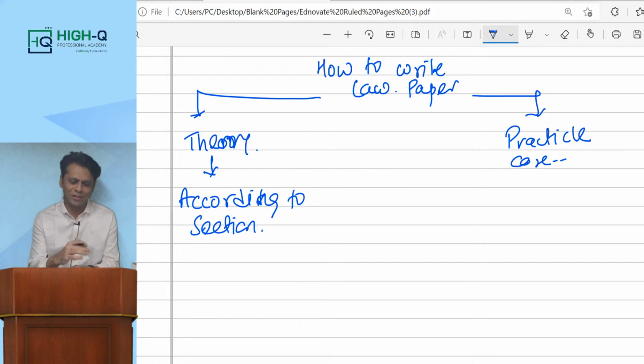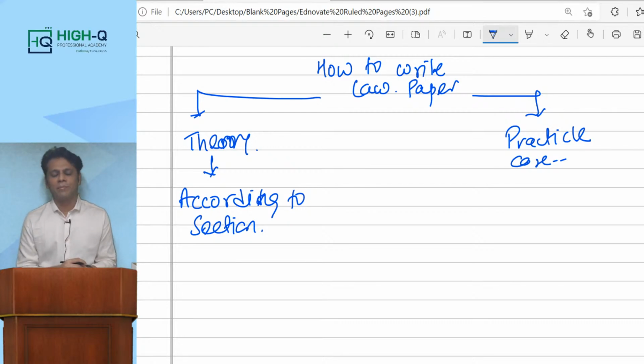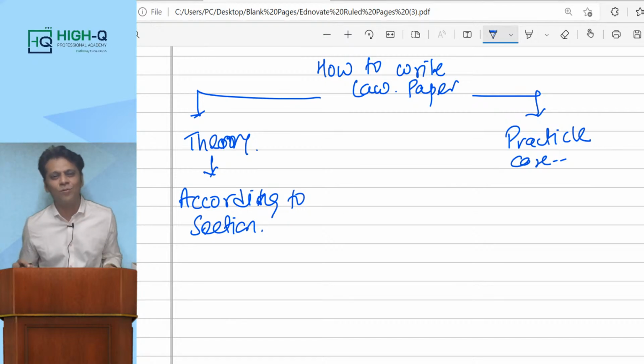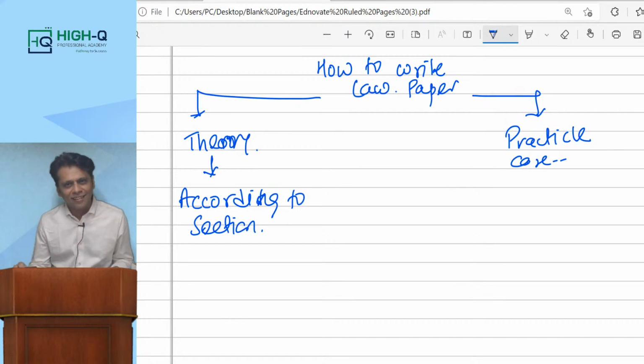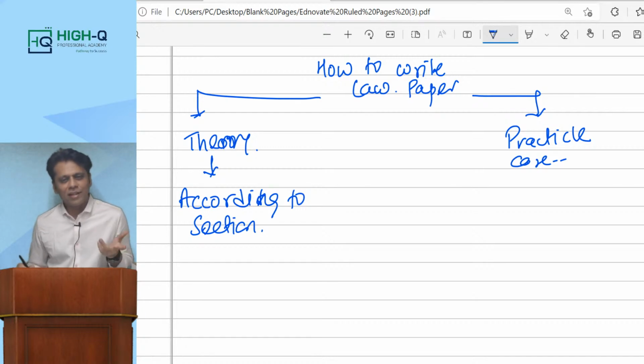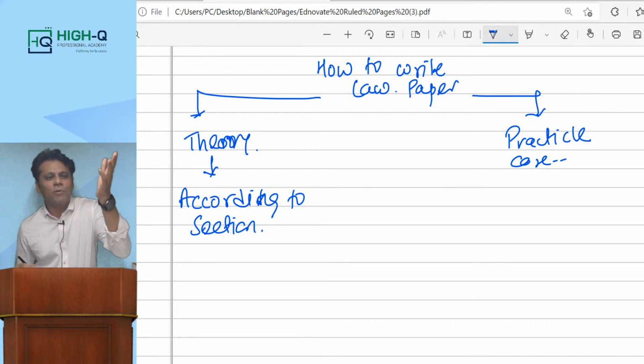Now your question would be, sir, the section number? Yes. You have to remember the section number. Now consider the section as what? An address. We can remember the address of many people, many of your friends, relatives. Same way, in law, sections are nothing but the address of that provision.